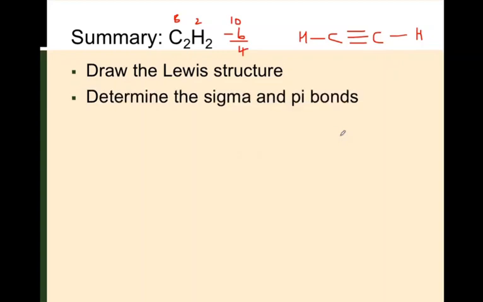Okay. So how many sigma bonds do we have? I always forget what the order is. Okay, so we're saying we got 3. How many pi bonds then do we have?